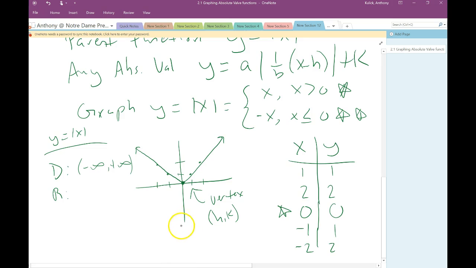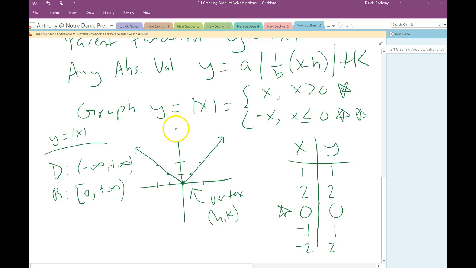The range, though, if I start down here at negative infinity, there's no points on my graph that correspond to that y value. And as I move up, the first time that happens is here at 0. And I see that 0 is actually a y value on a point. And then any y value after that I choose corresponds to a point. So the range here is 0 inclusive to positive infinity.